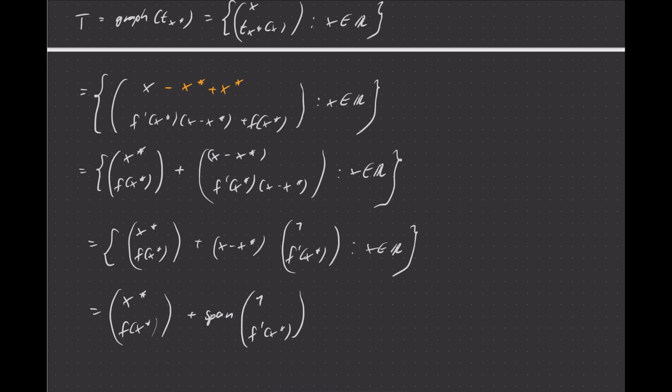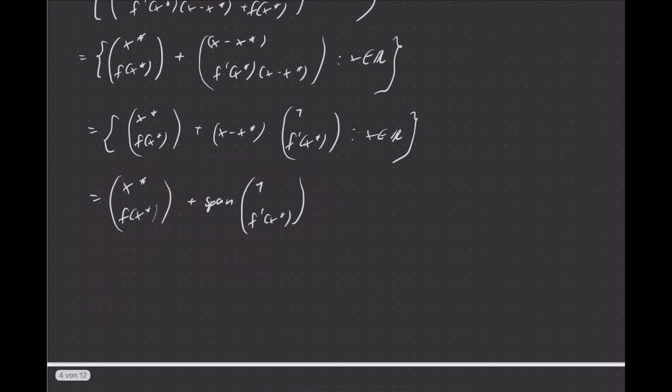You have a linear subspace here and a constant translation vector, right? So this here is a linear subspace. And this is a translation vector. So that is an affine subspace. And that's just the way we wanted it.